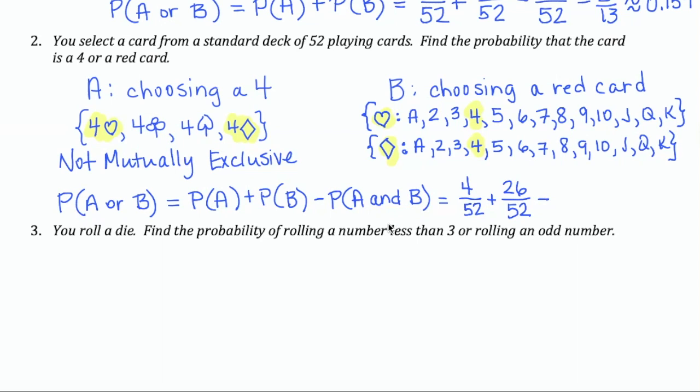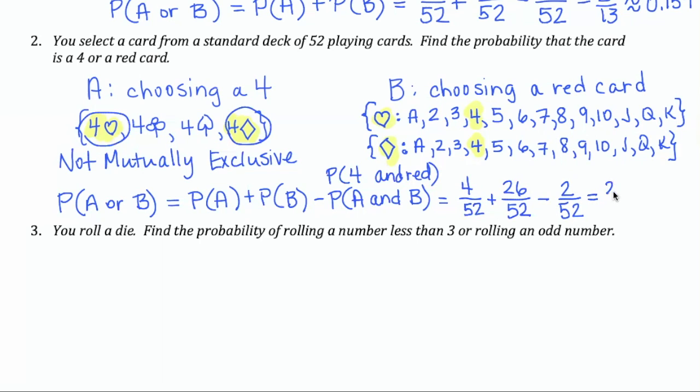So the probability of having a 4 and a red card, there are 2 outcomes that fit that description of being both 4 and red. So I'm going to subtract off 2 out of 52. Work across your numerators. 4 plus 26 is 30.